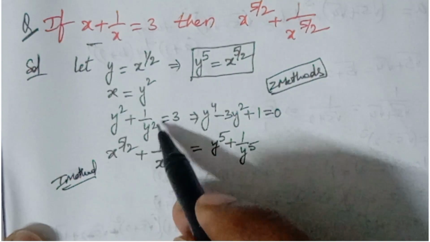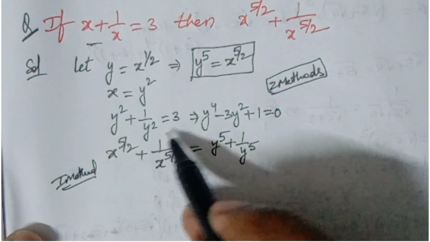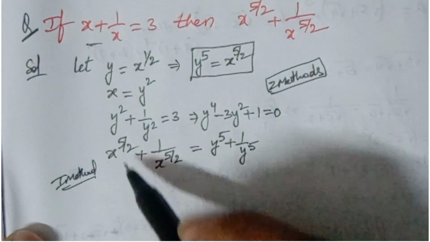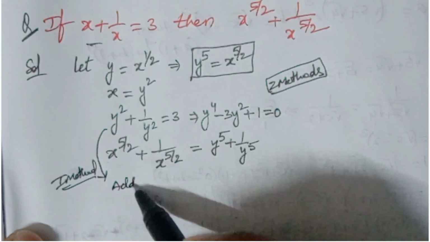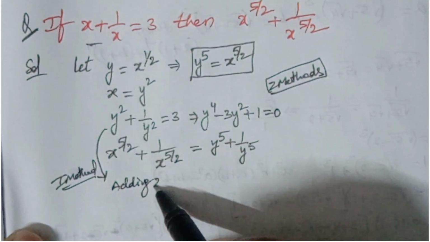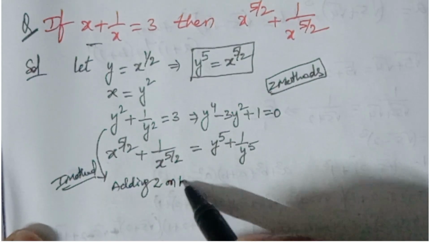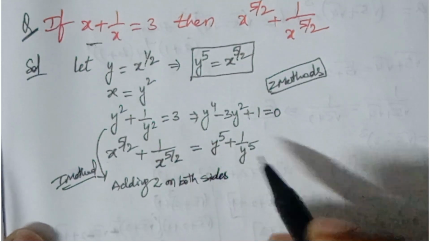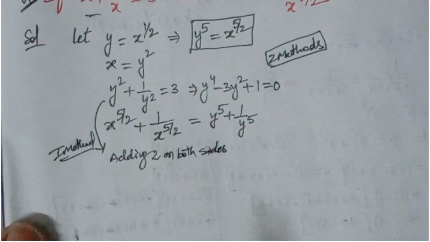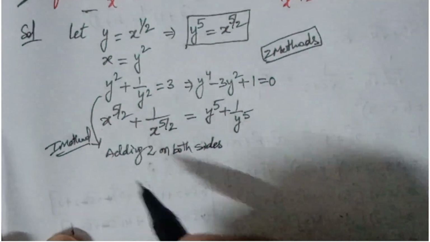So here y square plus 1 by y square is 3. Adding 2 on both sides. The second method will be easy, that you will get in higher classes.